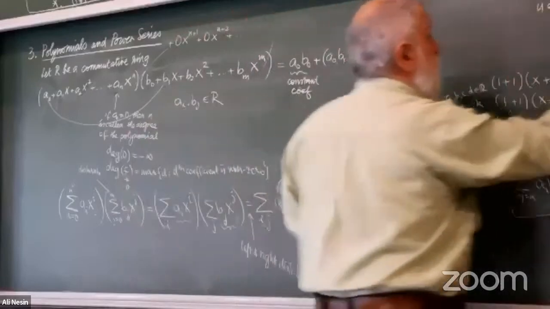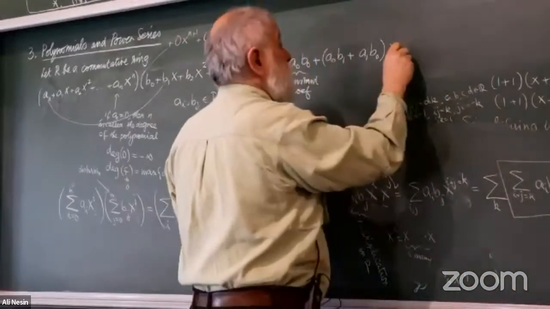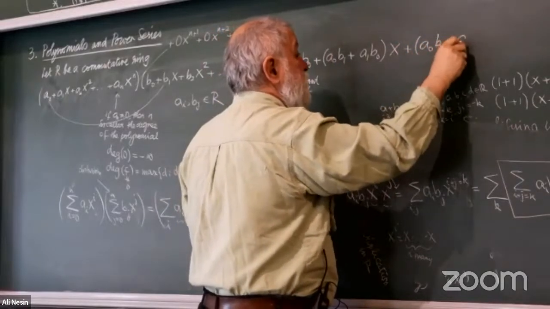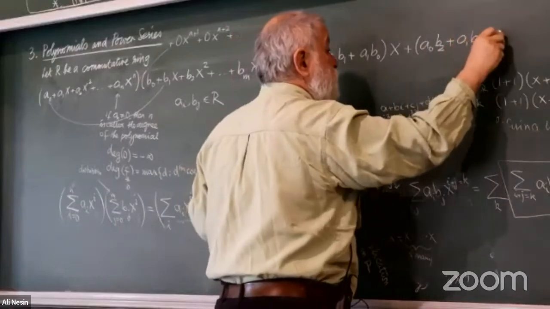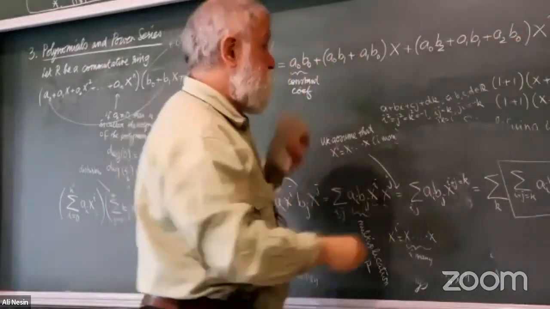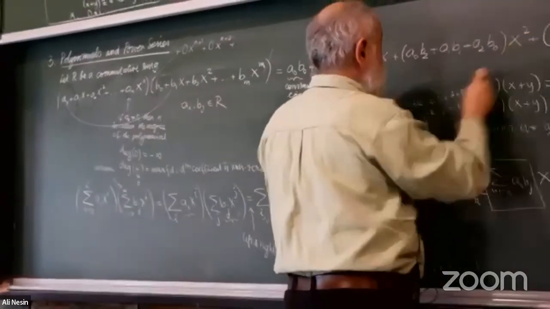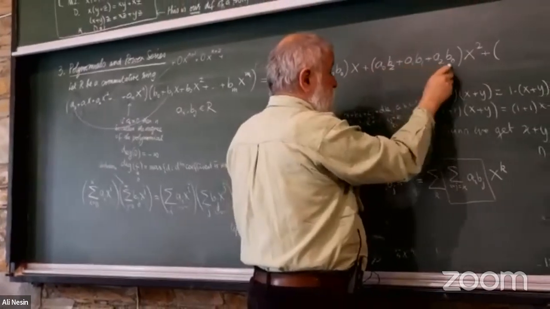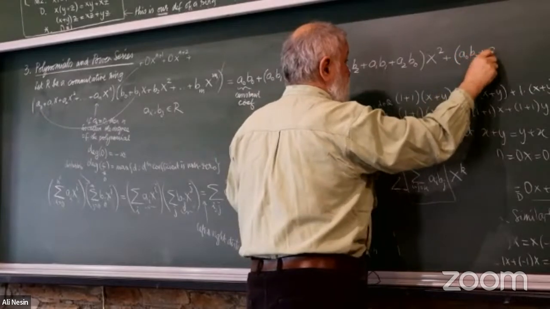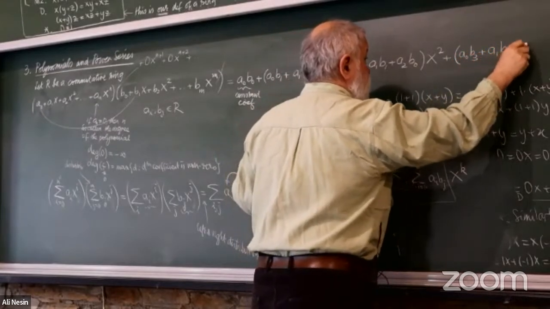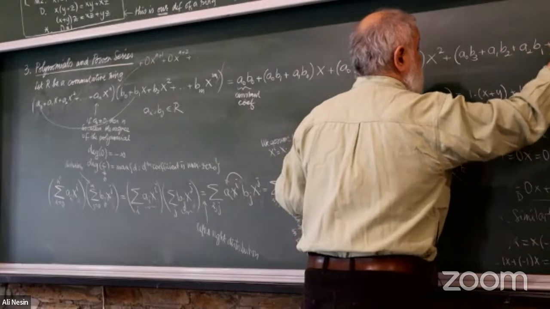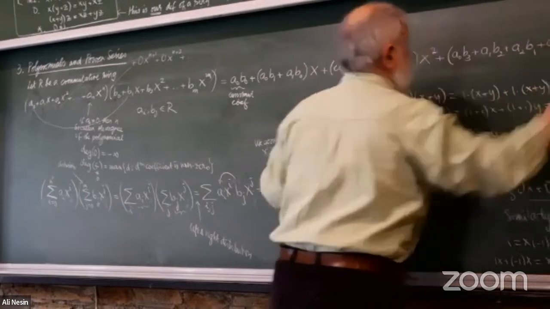What about the coefficient of x squared? a0 b2 plus a1 b1 plus a2 b0. With x cubed? You see, the sum of the indices must be 2 here. Here, the sum of the indices will be 3. a0 b3 plus a1 b2 plus a2 b1 plus a3 b0, and so on. Right?